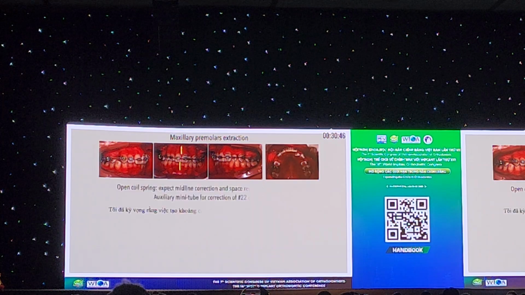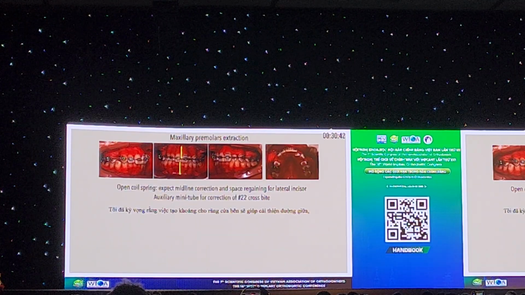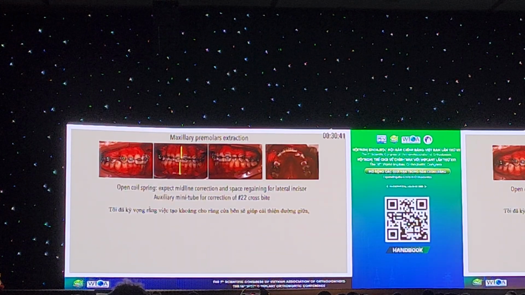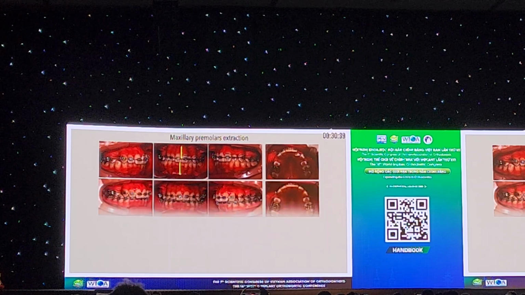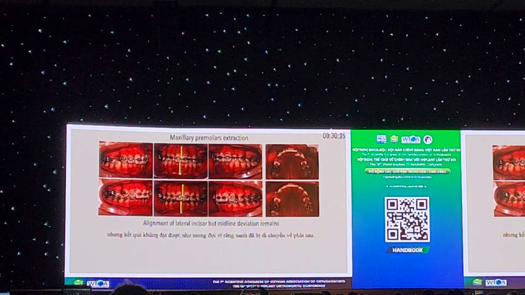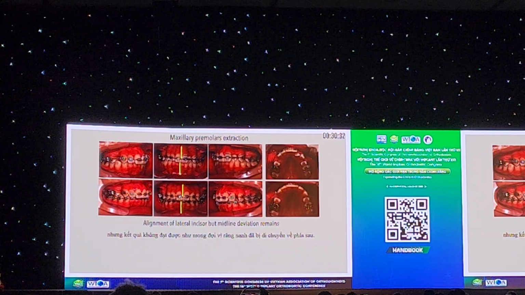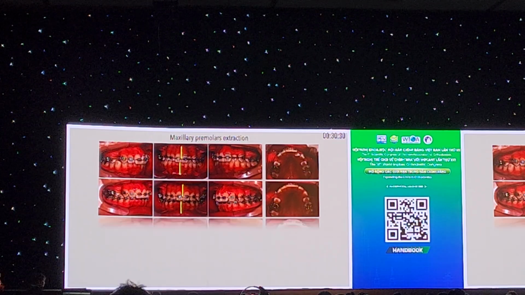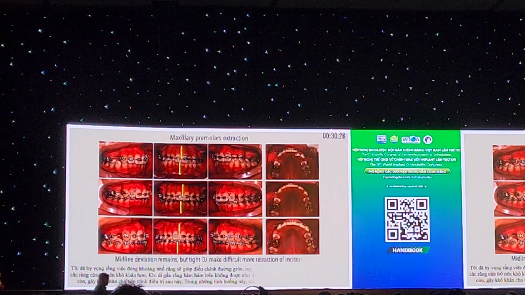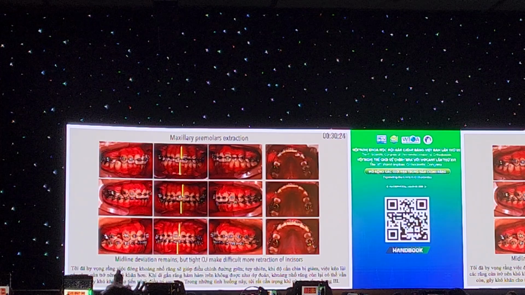I anticipated that widening the space for the lateral incisor would lead to midline improvement. But the midline did not show significant advancement as the canine wall is displaced posteriorly. I had hoped that closing the extraction space would improve the midline.